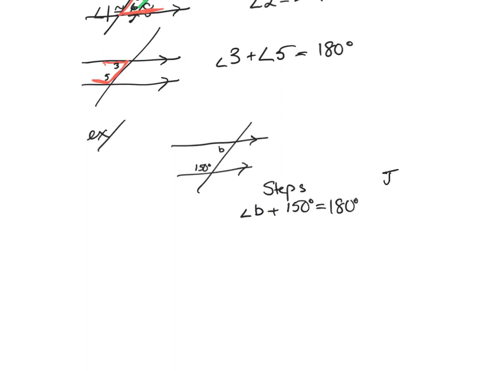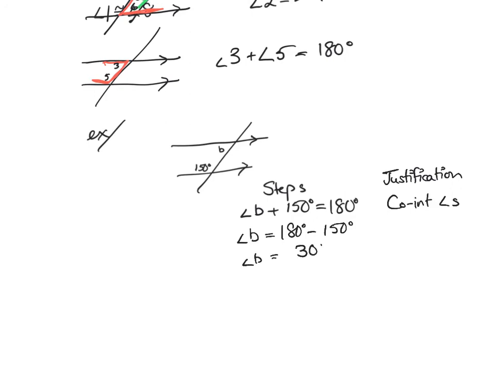My justification for this would be co-interior angles, and then I could just do my math. Angle B would be 180 degrees minus 150 degrees. Subtract from both sides. This will cancel this out, so I have a subtraction on this side. So angle B, therefore, would be 30 degrees. There you go.